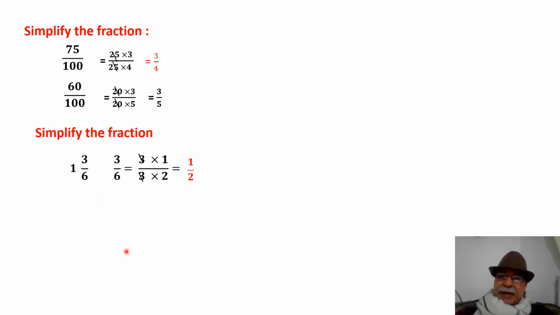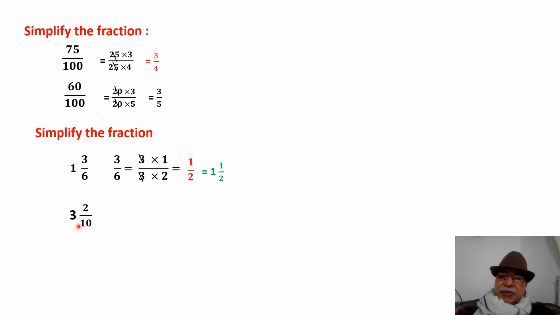That's why I am writing the right way. I can't keep it like this, I should get the 1 also over 1 over 2 in order to complete the answer. I can't leave it like this because this one whole and a half is the same as 1 and 3 over 6. This is equivalent to this.